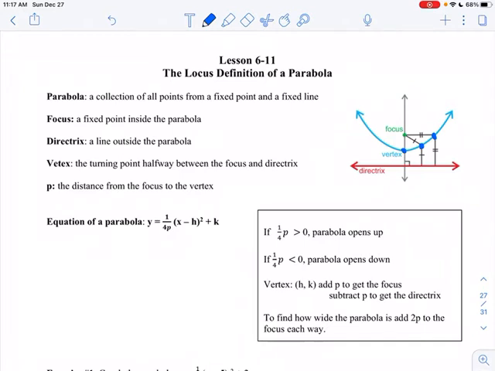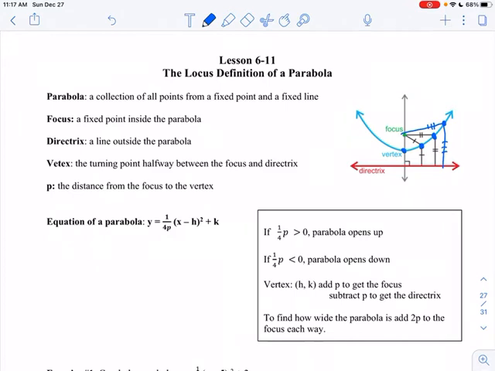So every single point on that parabola is equidistant from a fixed point, which is the focus, and a fixed line, which is the directrix. Every point, even the point up here, is going to be equidistant from the focus and the directrix. It's the same distance away. Every point. That's the definition of a parabola.